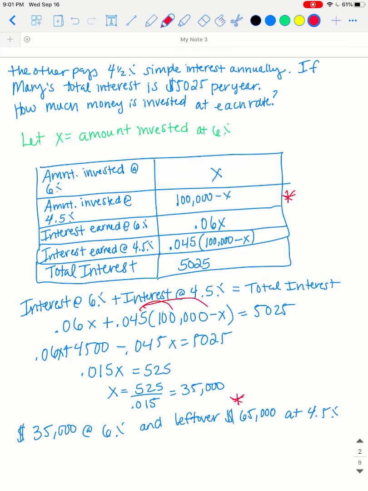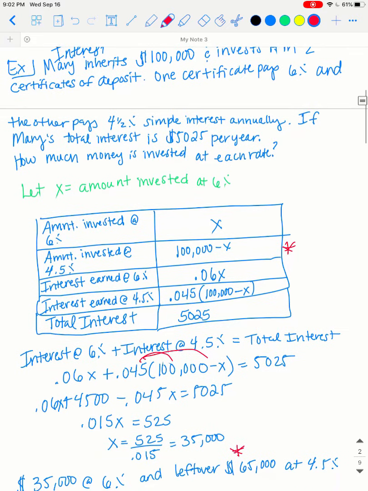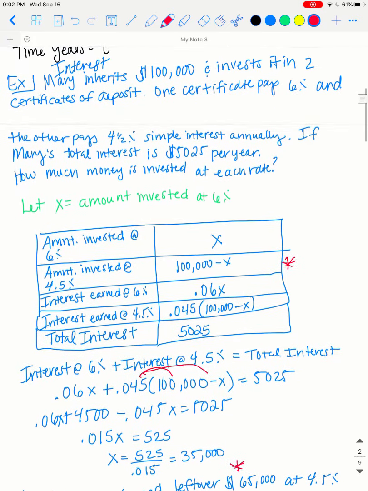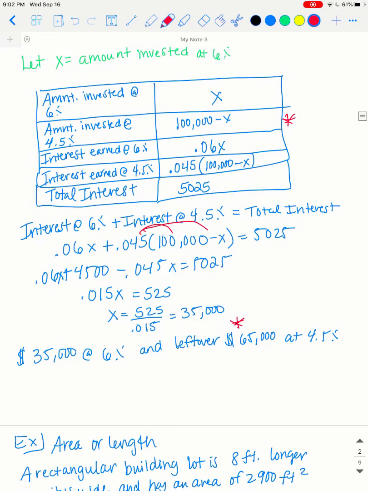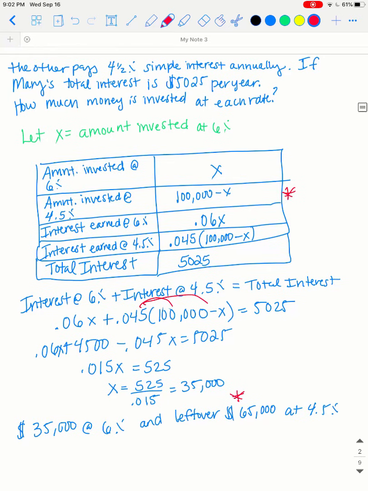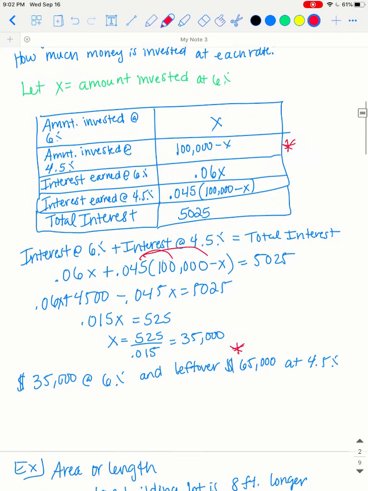So she invested $65,000 in the 4.5% certificate. So those are the amounts of money that are invested in each rate.